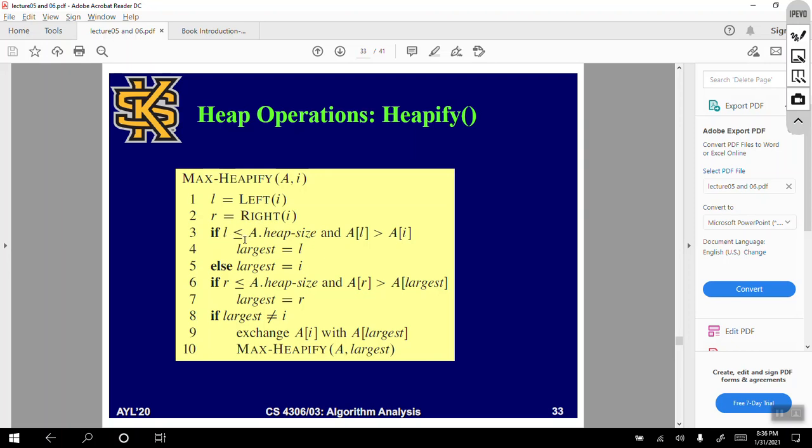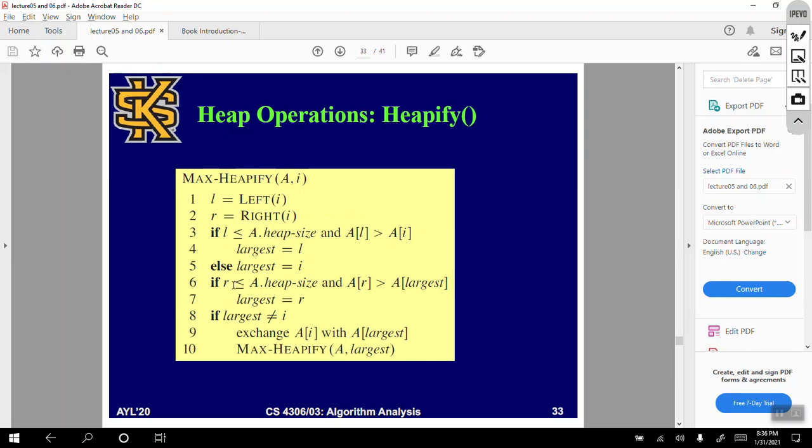If L is less than or equal to A.heap-size and A[L] is greater than A[i], then largest equals L, otherwise largest equals i.